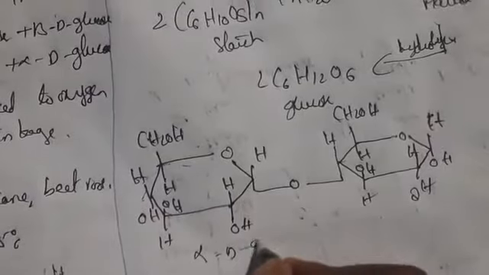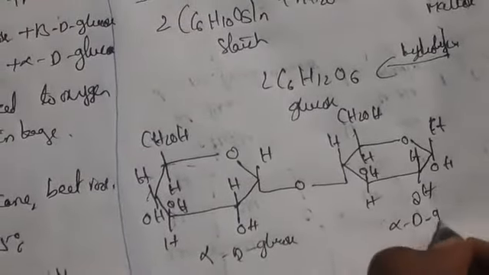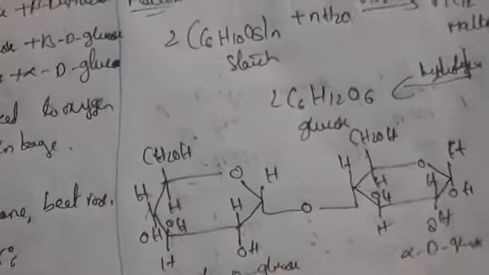We can take beta, or we can also take alpha, which will be the rotation in the glucose. So this is a reducing sugar.